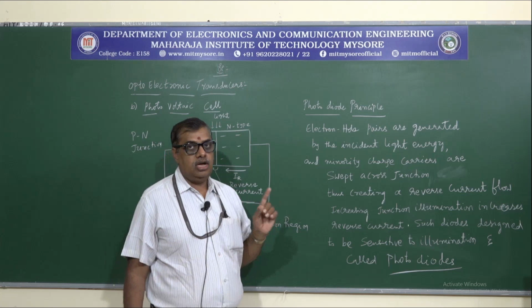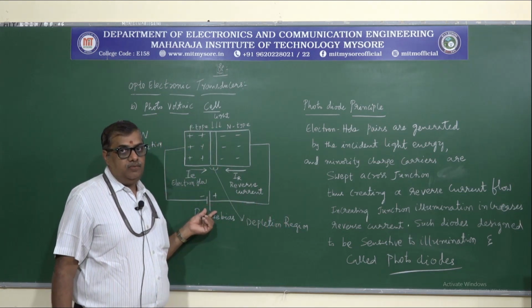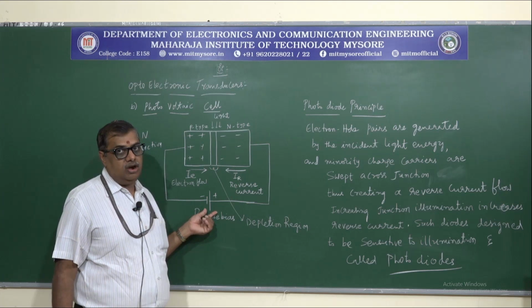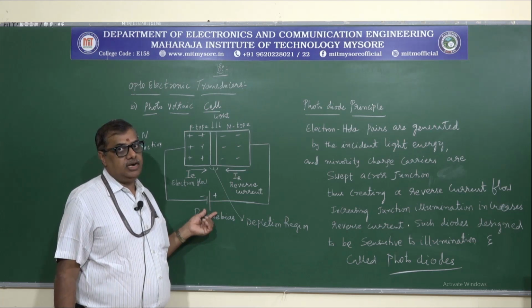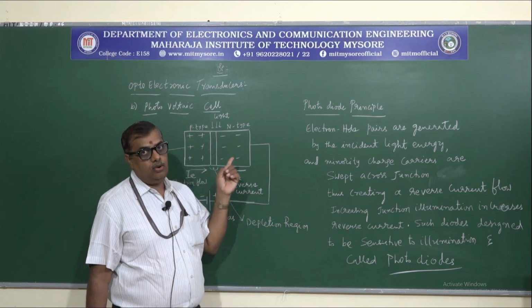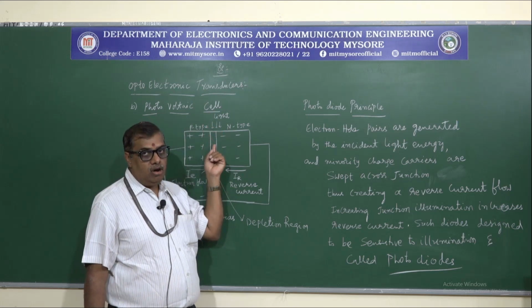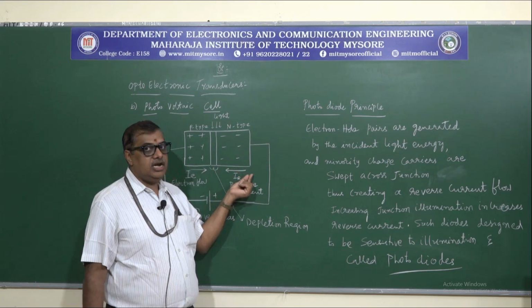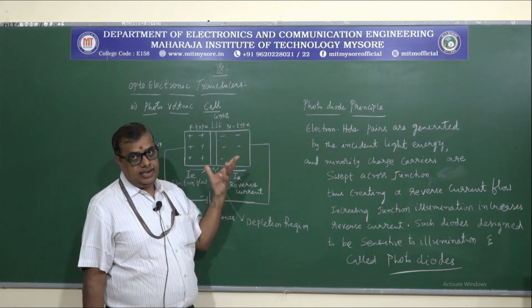The ordinary diode has to work with a voltage source, and you know that if you give 0.7 volts for a silicon diode, it starts working, and if the voltage is less than 0.7 volts, the diode cannot work. Another type of diode is the photodiode. For the photodiode, if light is made incident on the surface of the diode, a small reverse current starts flowing, and that is called photodiode current.